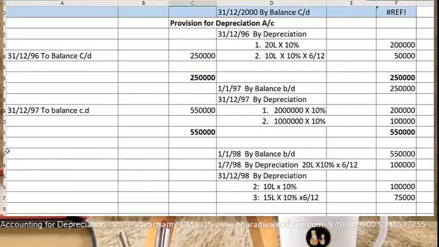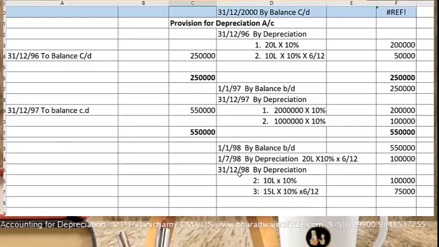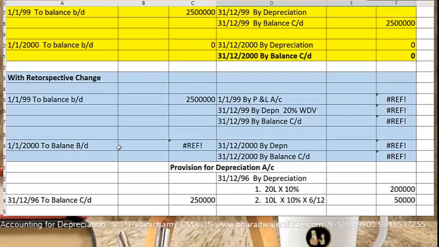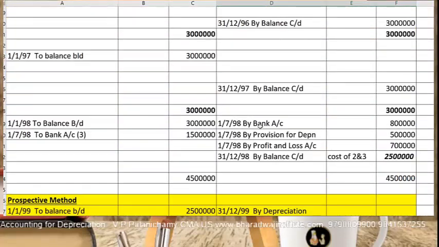At the end of the year, on 31/12/98, by depreciation, 10 lakh second machine, 10 lakh into 10%, third machine, 15 lakhs into 10% into 6/12. Of course, this will be closed.